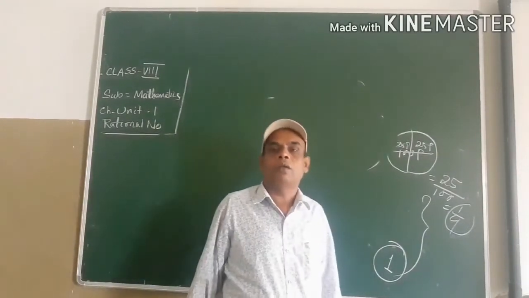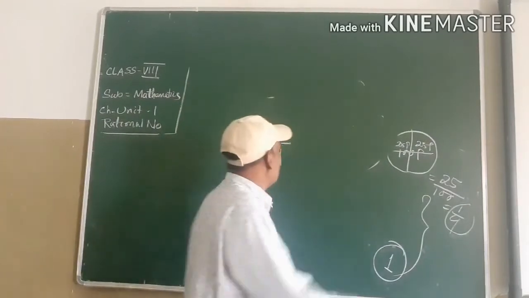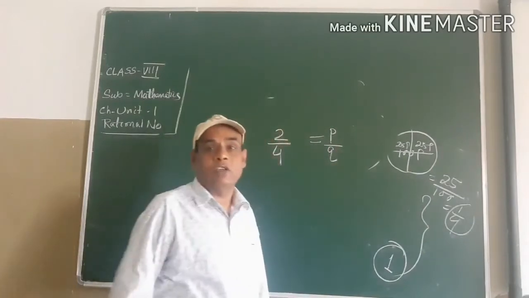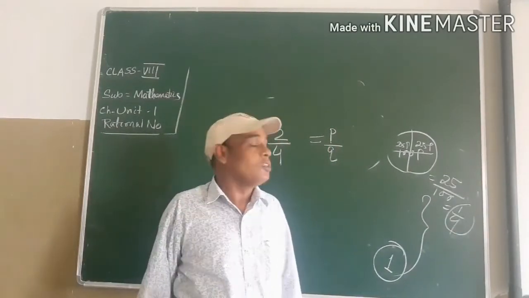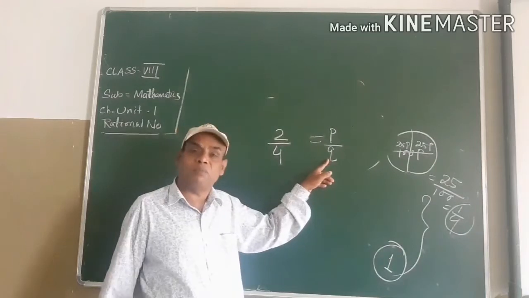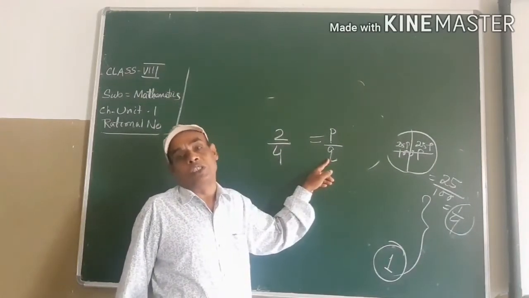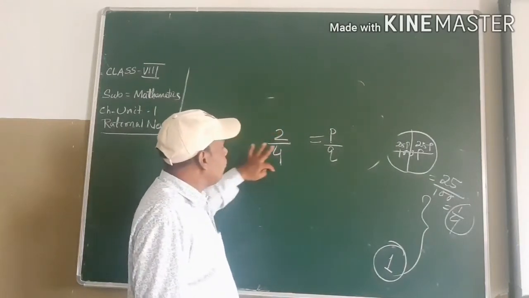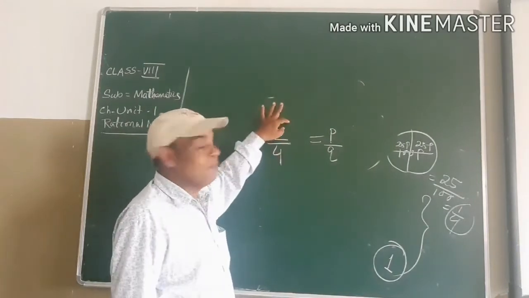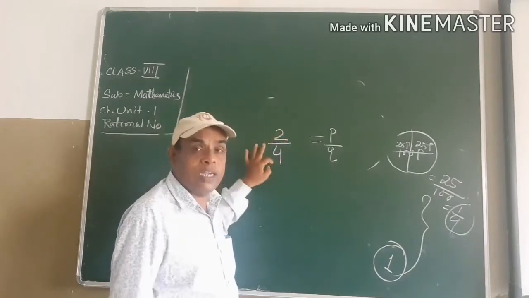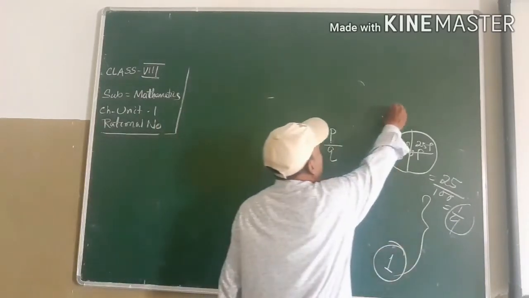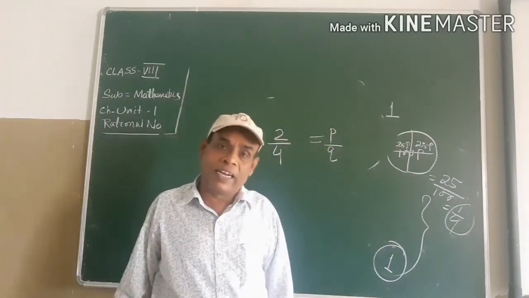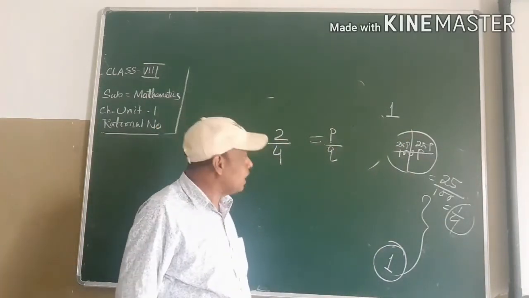Already this number is in the form of P/Q, and the condition Q not equal to 0 is also satisfied. But I told you previously that the HCF of 2 and 4 must be equal to 1, not any number other than 1. Then that is only a rational number.